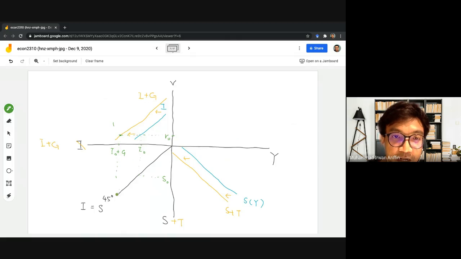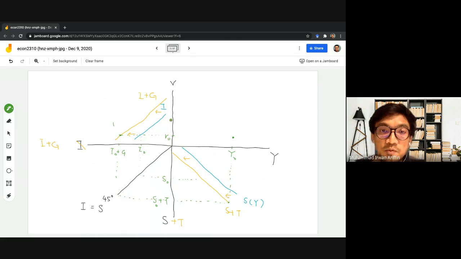Since we now have government, the additional government spending must be covered sufficiently by the tax amount. With this introduction of tax, the corresponding income level would be Y0. So we have one point over here.